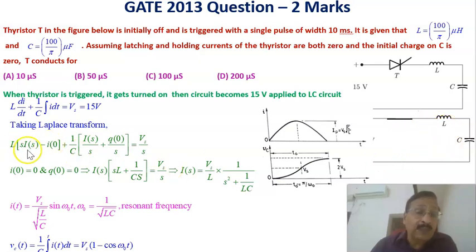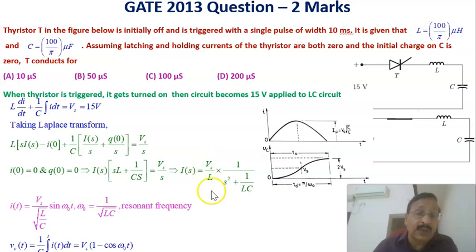From this we find the equation for I(s), the Laplace transform of the current, substituting I0 as well as Q0 equal to 0. Rearranging, the Laplace transform of the current equals Vs divided by L into 1 by (s square plus 1 by LC).